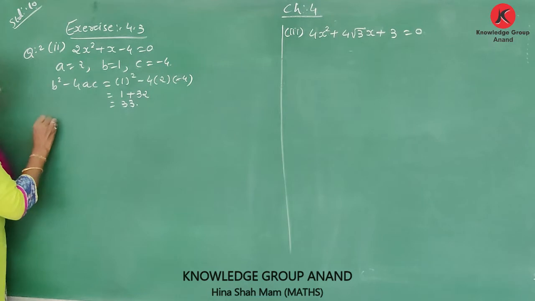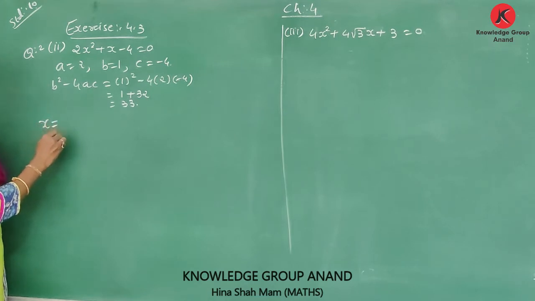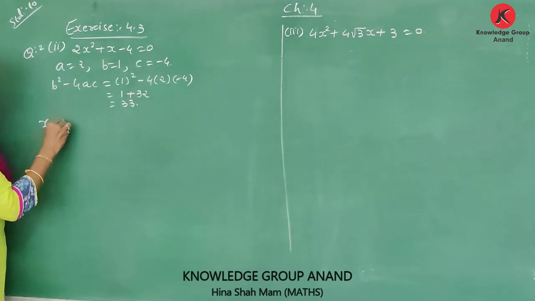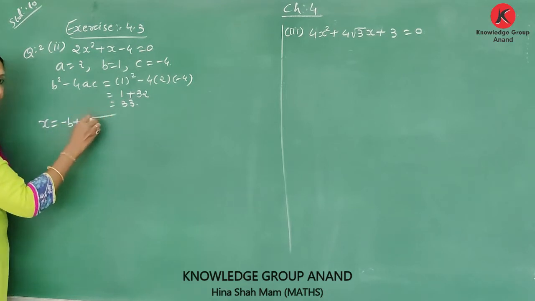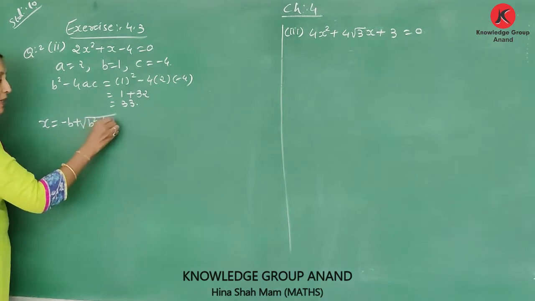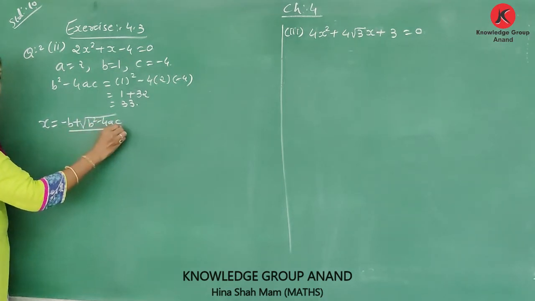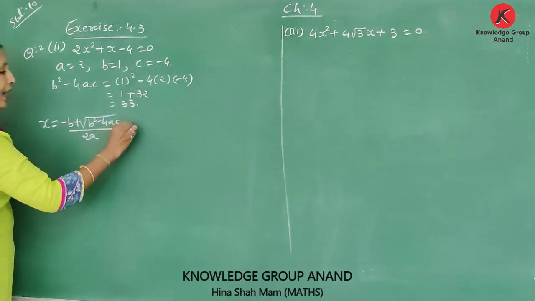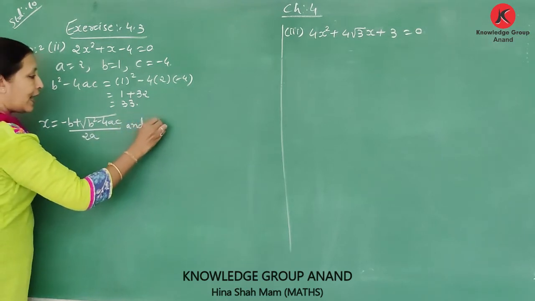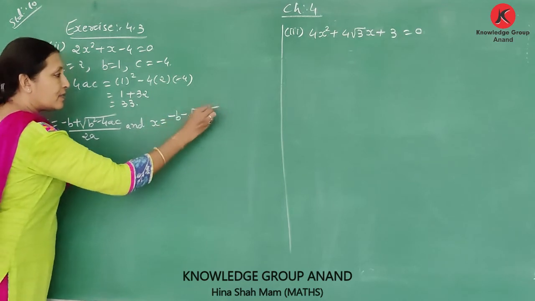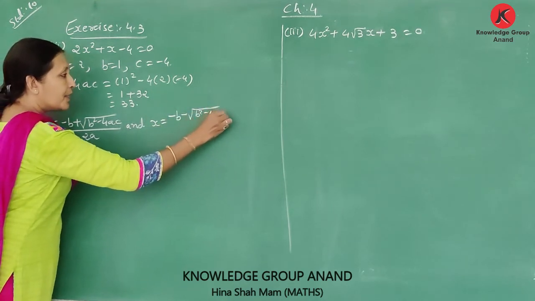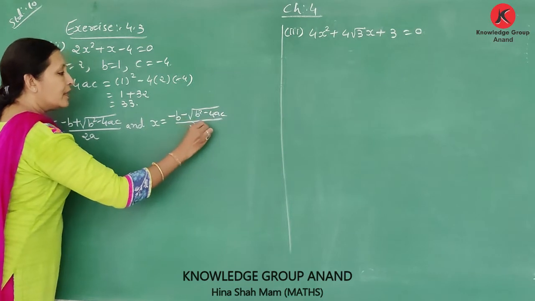Our formula: x is equal to, what is our quadratic formula? Yes, x is equal to minus b plus under root b square minus 4ac upon 2a, and the other is x is equal to minus b minus under root b square minus 4ac upon 2a.